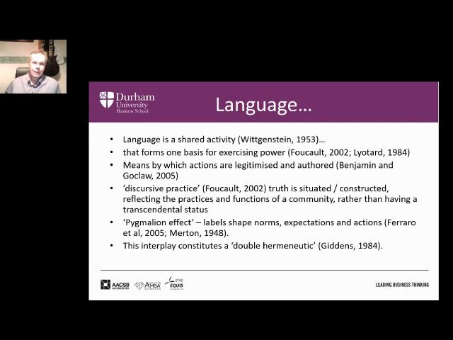Another important aspect of language is that the labels we use in the social sciences actually create the world. And that's what Giddens means by a double hermeneutic. So we're not like the physicist calculating the mass of an object, which is independent of our observations. When we try and understand a reform or policy or what's happening in a company document or an organisational text, we're not like physicists in a laboratory weighing the mass of something.